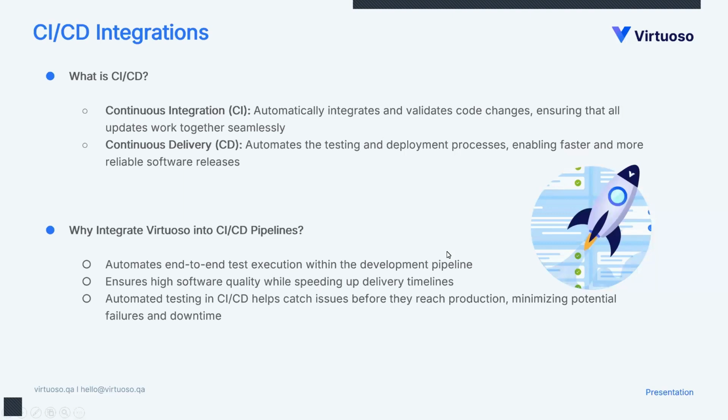I'm sure everyone here might be aware of CI/CD, but let me also give a brief about what CI/CD is and why we need to integrate it. We all know that we are moving towards achieving everything at a very fast pace. Every development cycle, every testing cycle, and even the sprint is moving towards a shorter end.